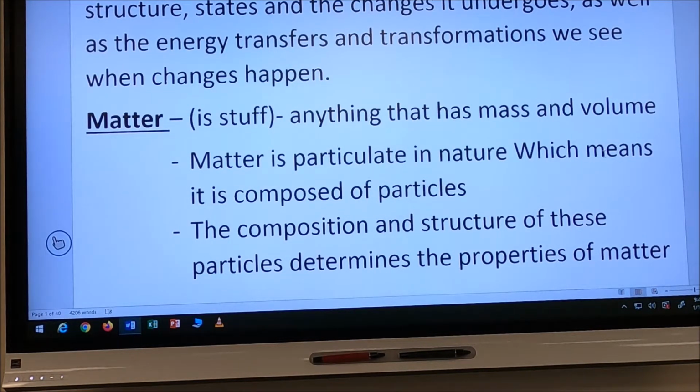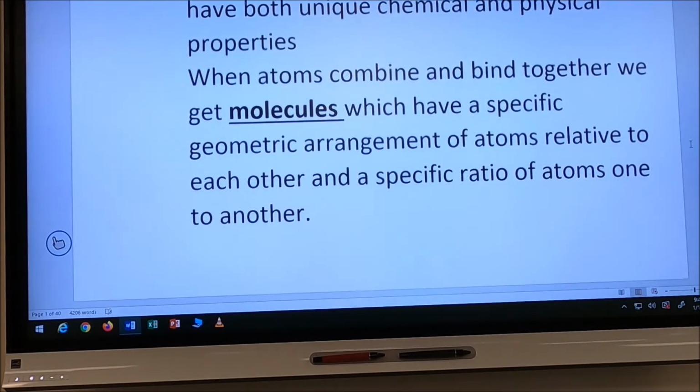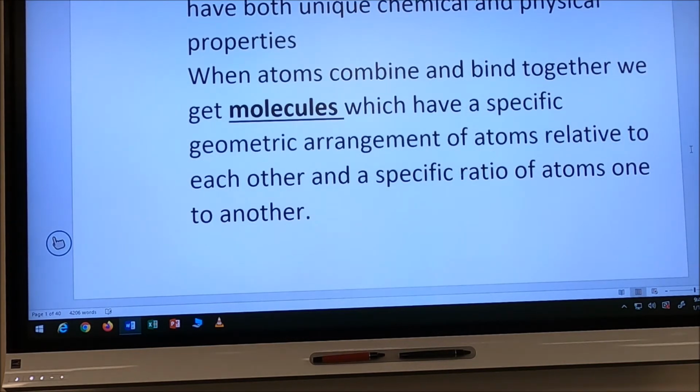So when we talk about matter, we talk about matter being particulate in nature, which means it's coming in hunks. It's composed of particles. Okay, a particle is a hunk, no matter how small. The composition and structure of these particles determine the property of that type of matter. Now, we're going to use the terms atoms and molecules.